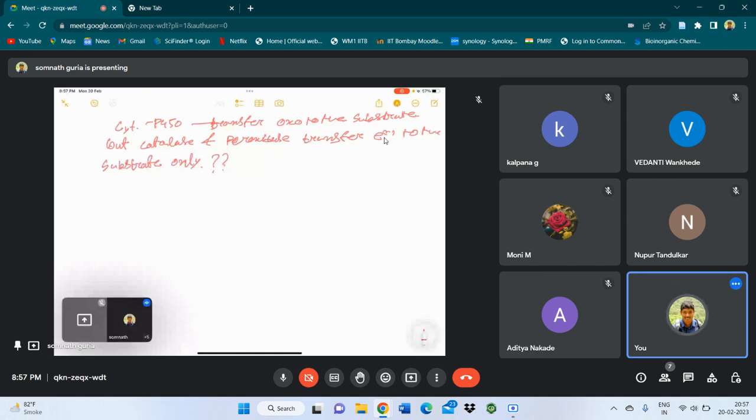Let's suppose in cytochrome P450, the iron 4 oxo species with the positive radical porphyrin system has a protein cavity such that it allows the substrate to come closer to the iron 4 oxo species, so that the oxo group can transfer to the substrate.